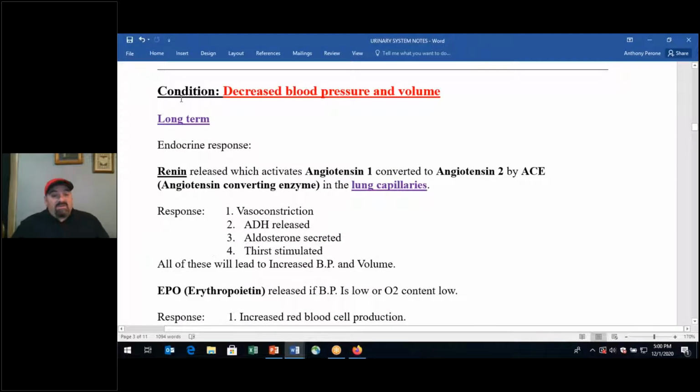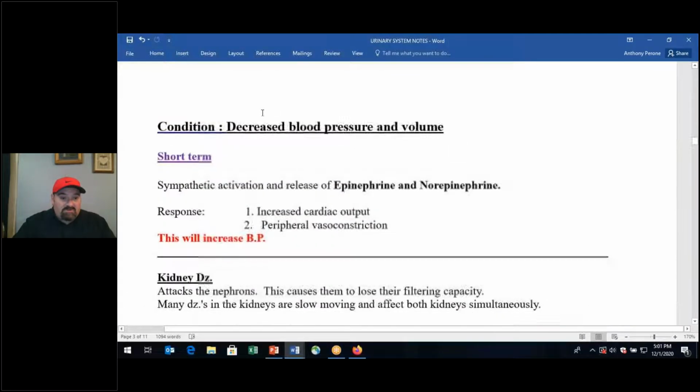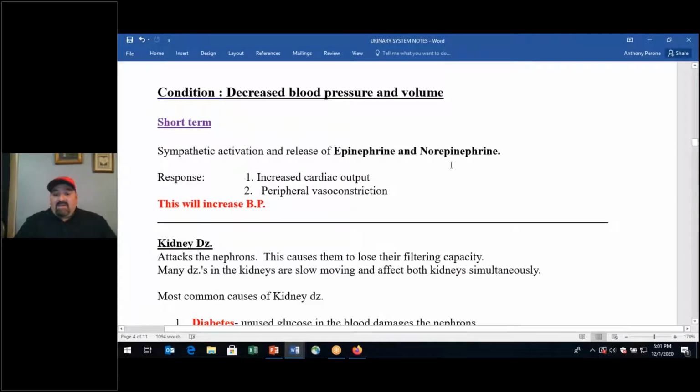So I said to you that these hormones are involved in having the ability to increase blood pressure. Now, the condition of decreased blood pressure and blood volume. Short term, let's look at that first. Epinephrine, norepinephrine, these are involved in sympathetic stimulation, and this will absolutely jack you up, right? It'll increase cardiac output.